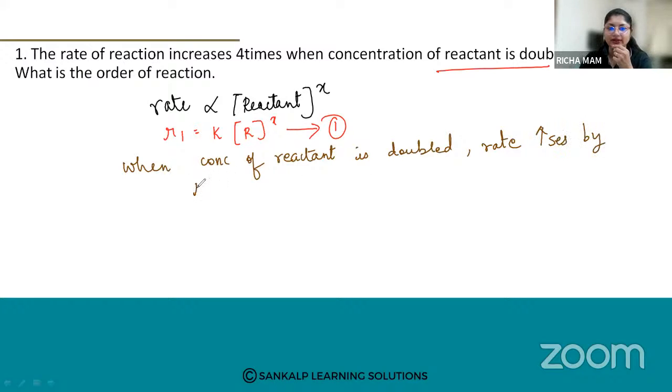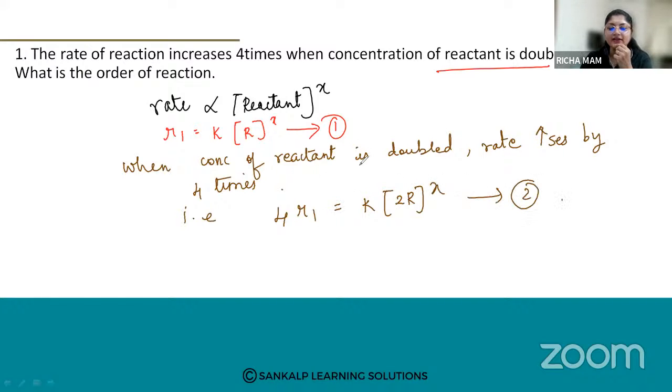So how will the rate increase? It will increase 4 times. So 4R1 is equal to K into 2R raised to X. So this is the second equation.